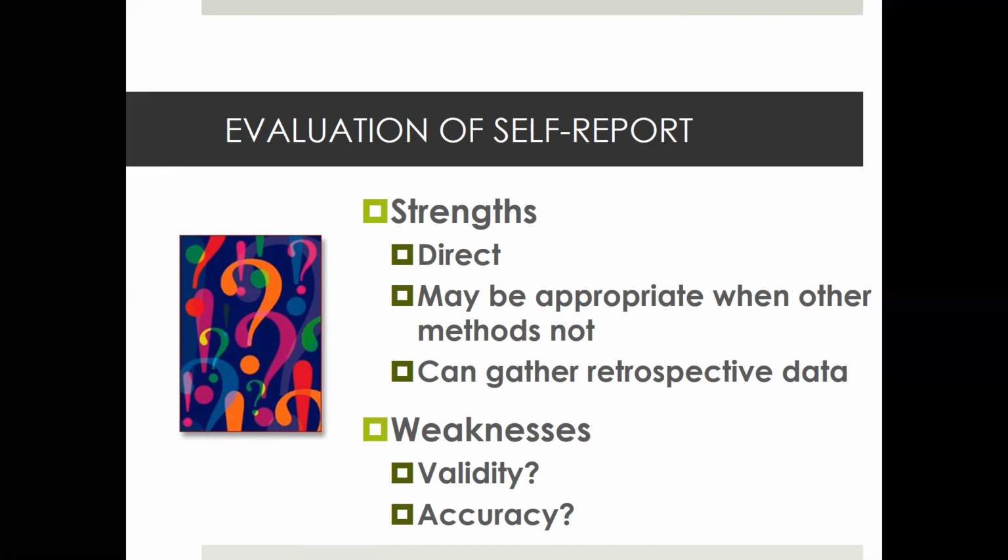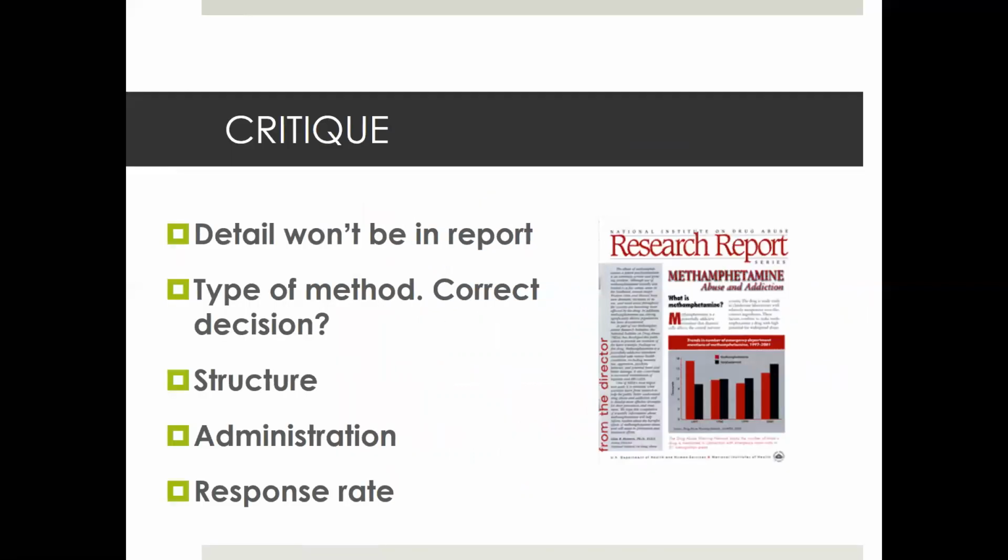But of course, we have a little more difficulty knowing how accurate and valid the self-reports are. And so because of that, you should be looking at how the researchers controlled for response bias in self-report types of data.